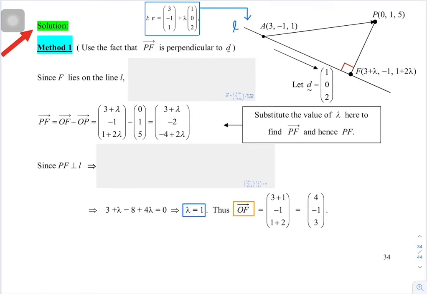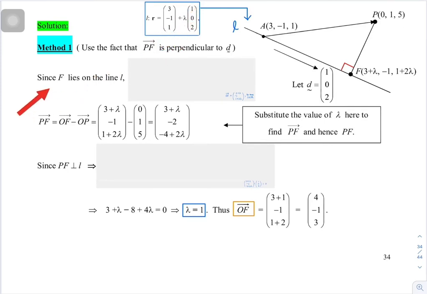So method number 1, we use the fact that the vector PF is actually perpendicular to the line L. So if vector PF is perpendicular to the line L, it is also perpendicular to the direction vector of the line. The direction vector of the line, according to the vector equation, is actually 1, 0, 2.